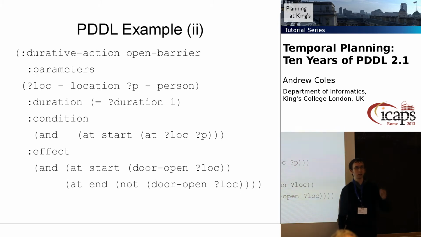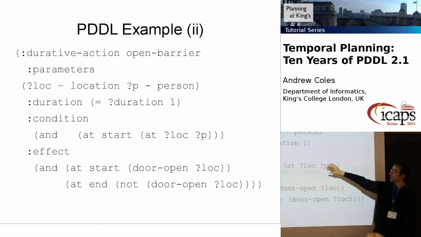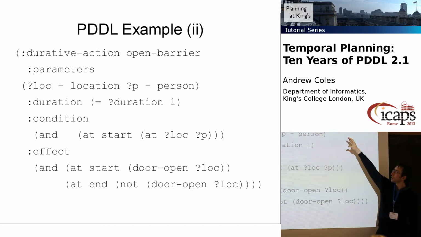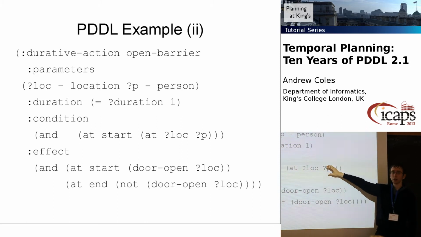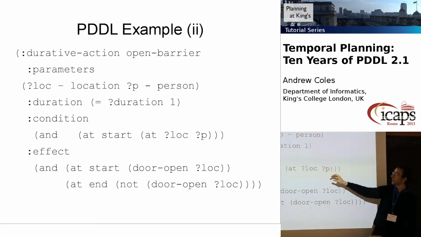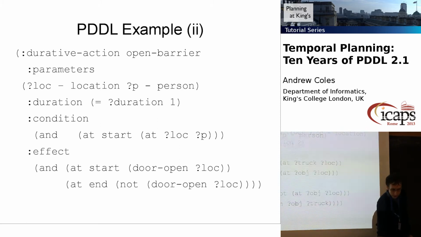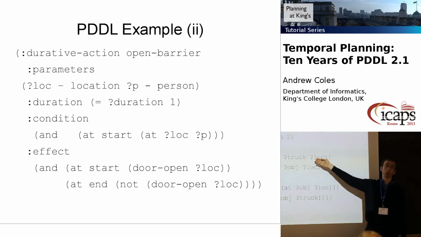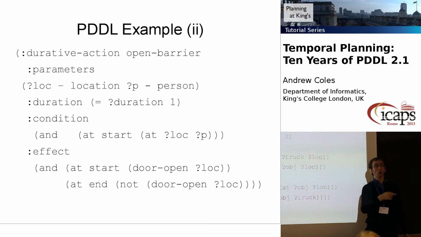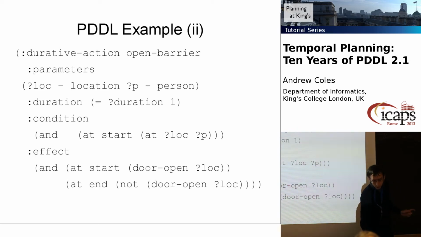To give a slightly more informative example of the things you can do with PDDL, we have an action here which only requires the person to be there to open the barrier at the start of the action. Whereas in the example, we require the truck to be there over the entire time, with PDDL semantics, you can have preconditions which just have to happen at one point.